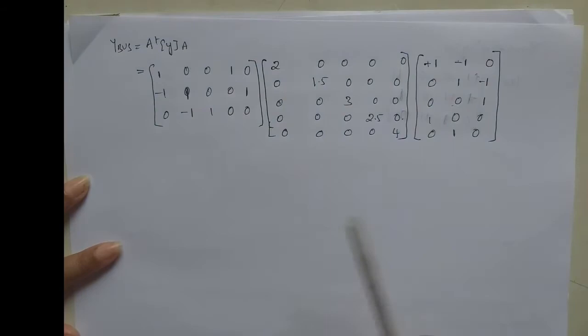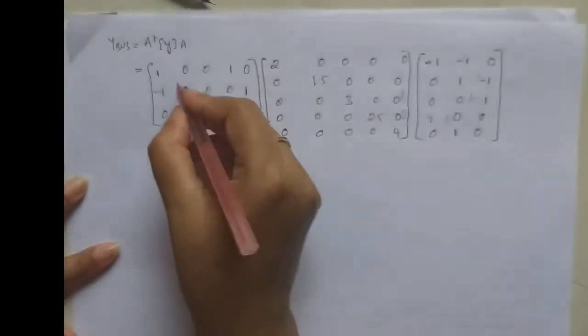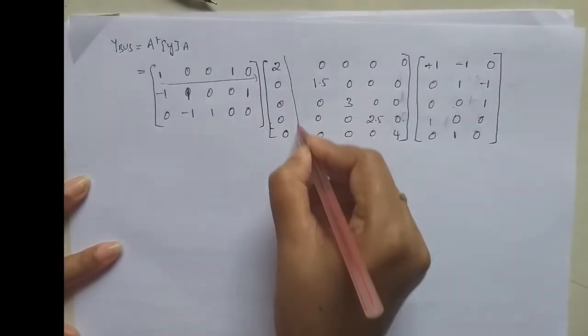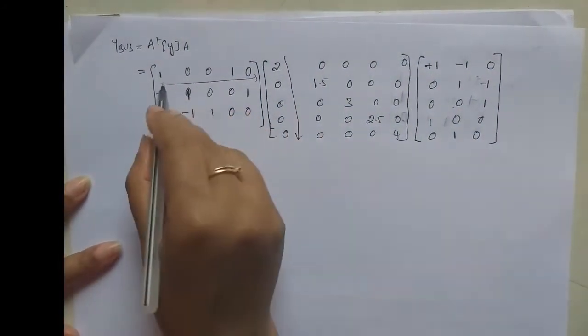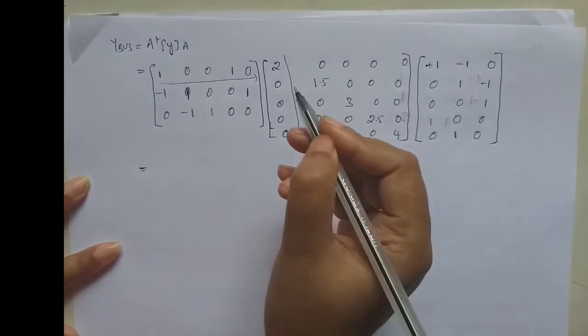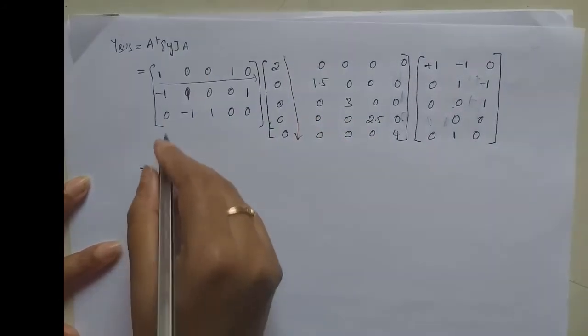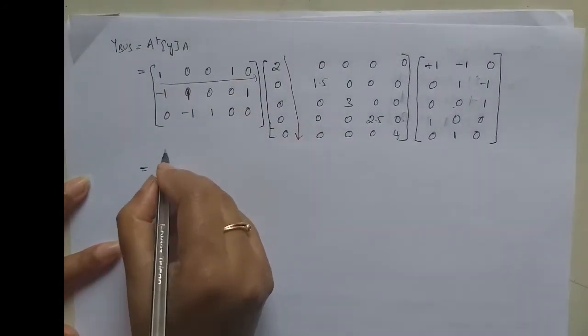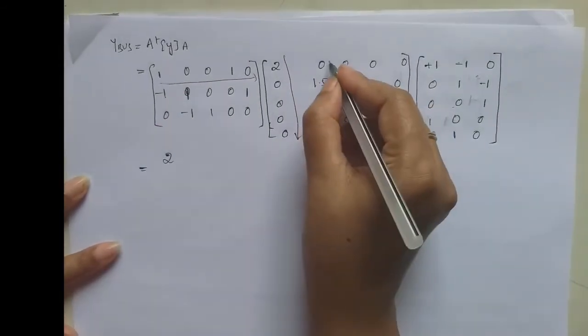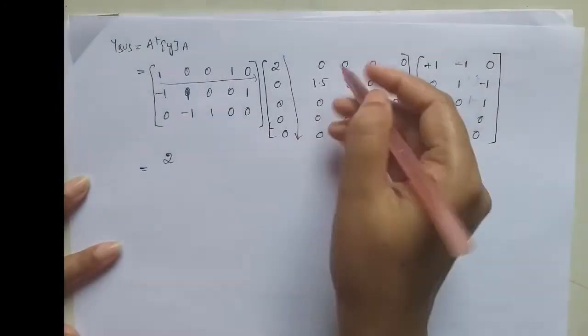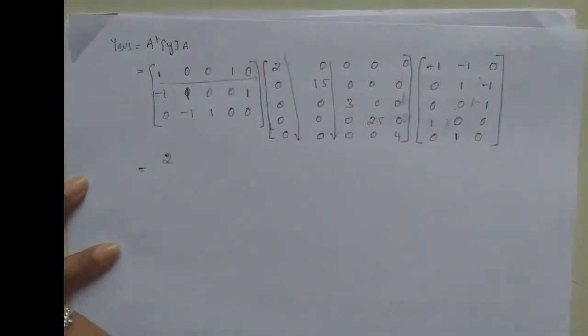Okay, now on multiplying first row with first column, we get 1 into 2, it is 2, and remaining all are 0. 2 will be added with 0, so it becomes 2. First row with second column, it is 0.